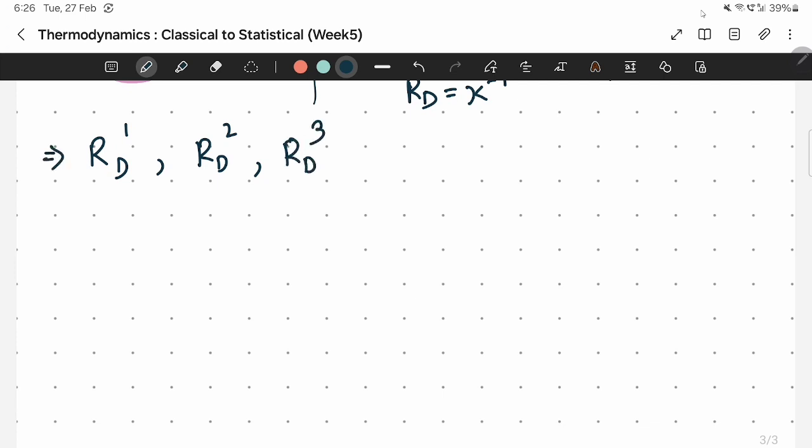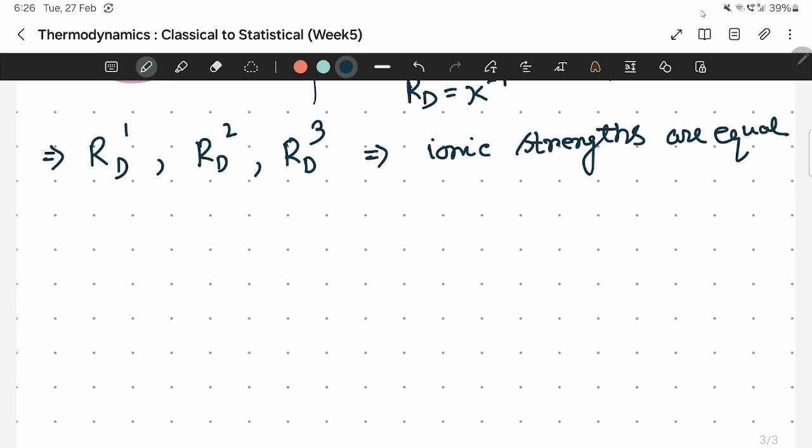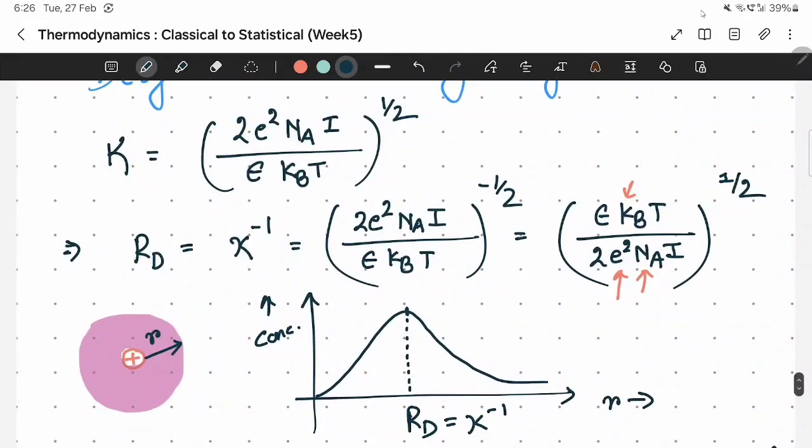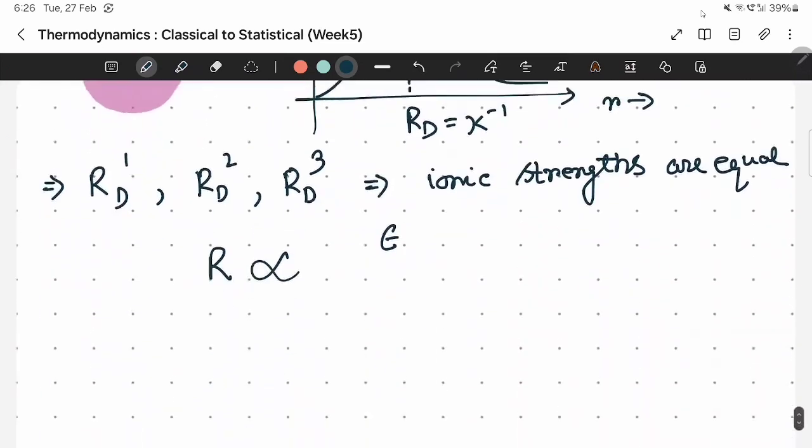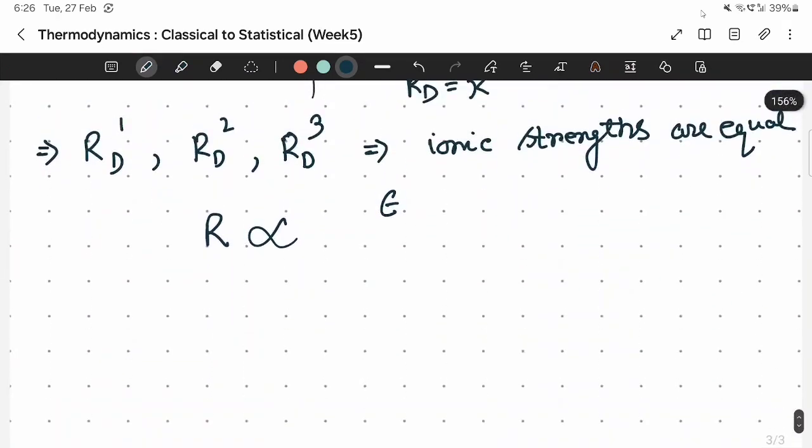For all cases, the ionic strengths are equal. That is given, that means I is same. So for this problem, RD is only proportional to epsilon and T. The rest are constant. So epsilon and T can vary.